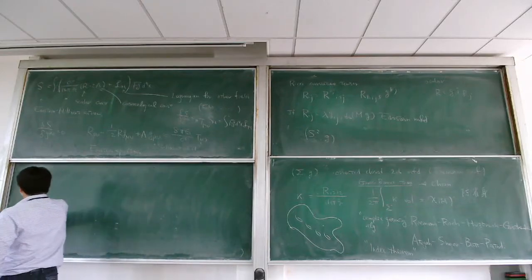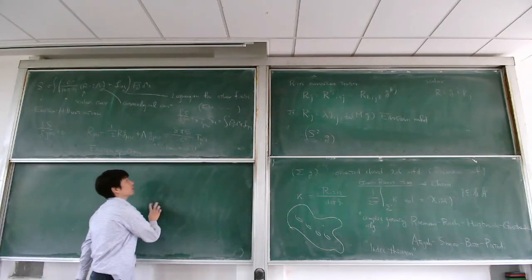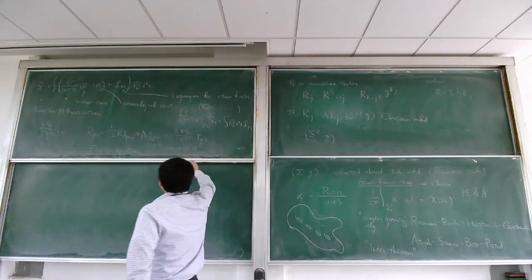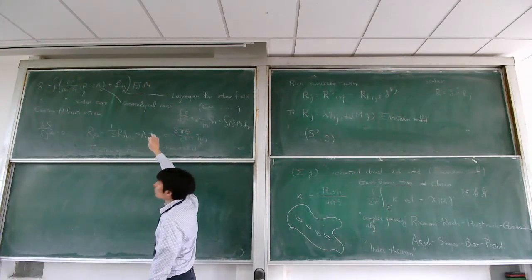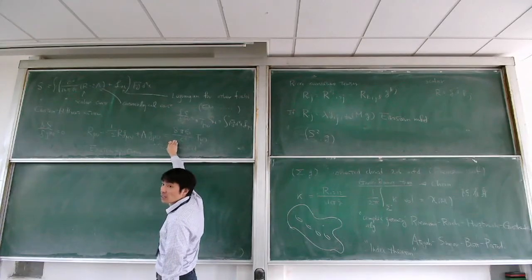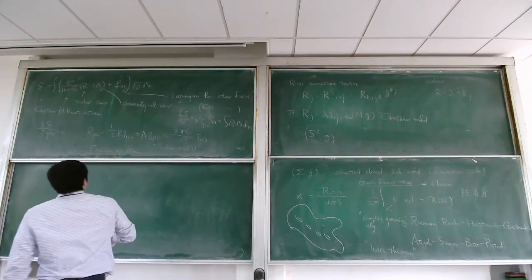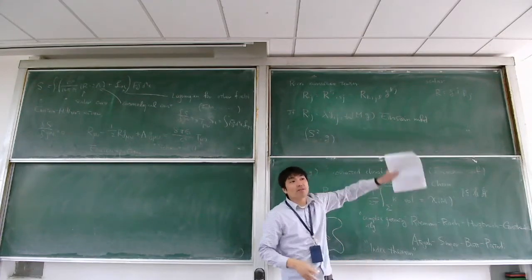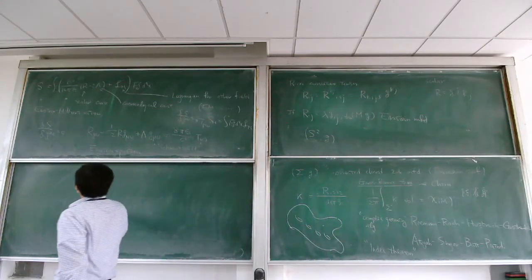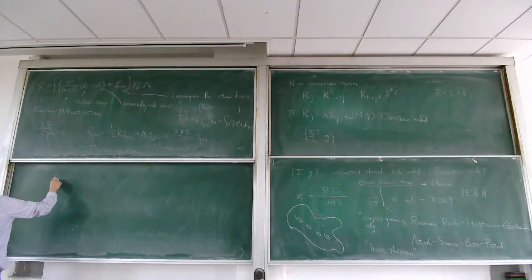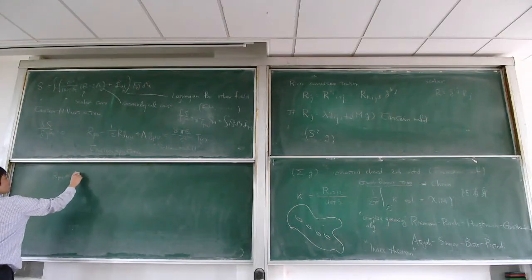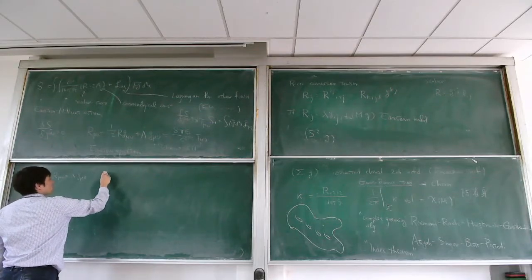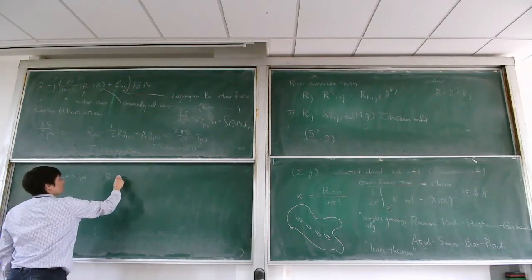The reason why that one is called an Einstein manifold is as follows. Suppose there is no matter in the universe or space-time. The right-hand side is 0. If the space-time is an Einstein manifold, then R mu nu is proportional to lambda g mu nu. Therefore, if you take the contraction, R is equal to 4 lambda.